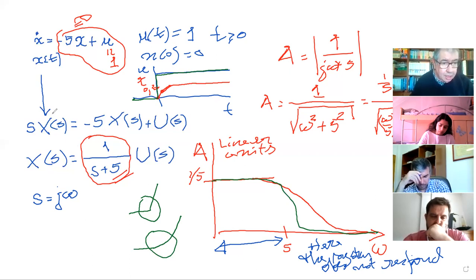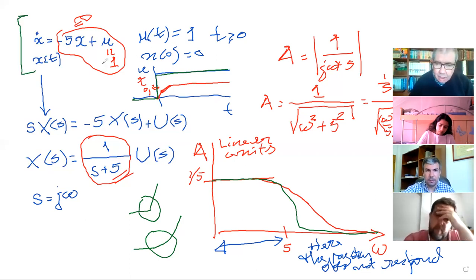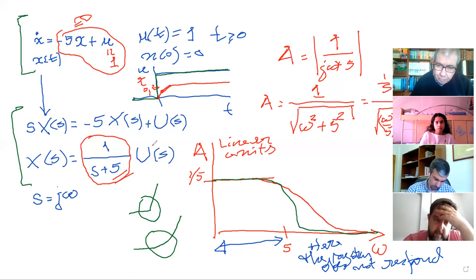Using this technique, you have two domains: the time domain, where you solve the differential equation and use these arguments based on the derivative and so on, and another domain, which is the S domain. Here you give interpretations in terms of frequency, but you can also give interpretations in terms of stability.